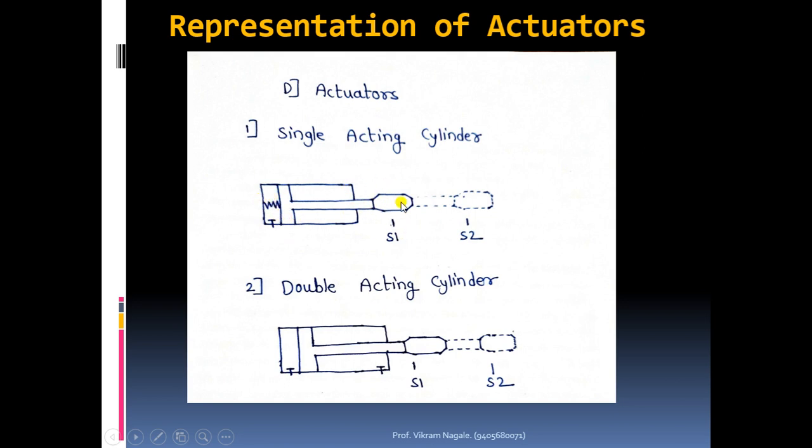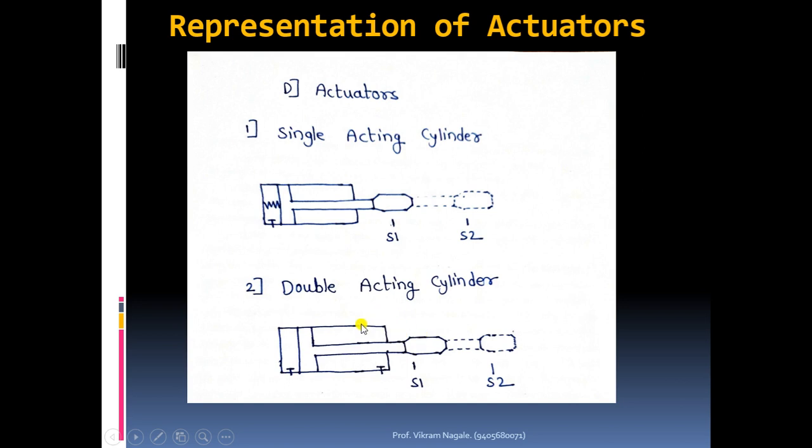So this is a retracted position S1, and whenever we are applying compressed air at this input port for the single acting cylinder, air will go inside, and obviously it will push the piston to move towards right side, and obviously the rod together with this rod end, it will come to the second position, that is S2. So this is extended position, this is retracted position.